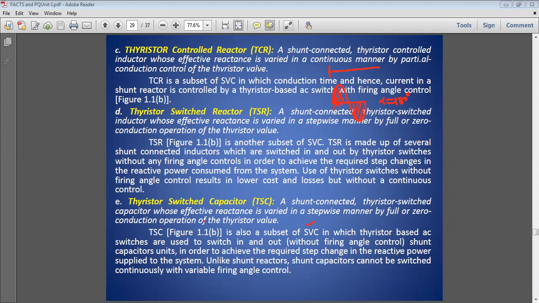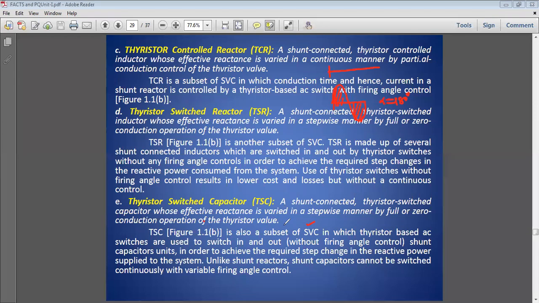Next is the thyristor switched capacitor, a shunt connected thyristor switched capacitor whose effective reactance is varied in a stepwise manner by full or zero conduction operation of the thyristor valves.